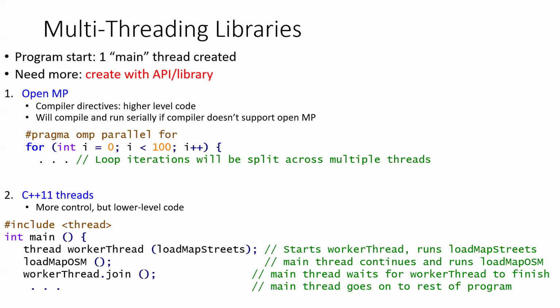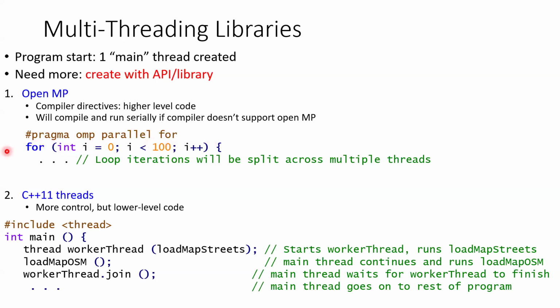For the multi-threading libraries you may use, you have 2 options. The first option is OpenMP. At program start, when your main starts executing, it starts as the first main thread. Then if you want to multi-thread a for loop, you can use pragma omp parallel for.